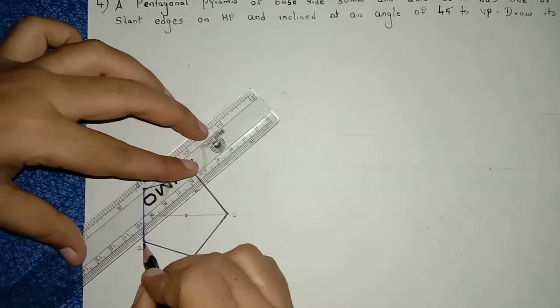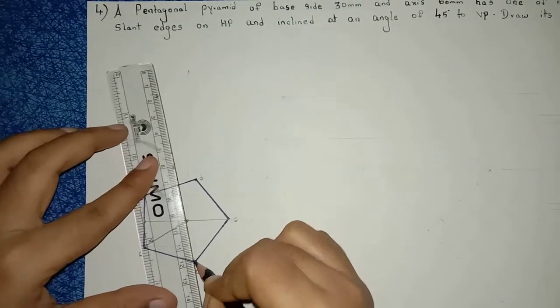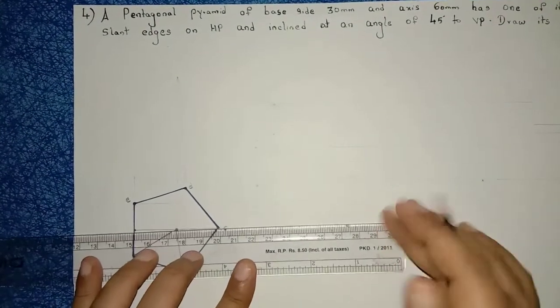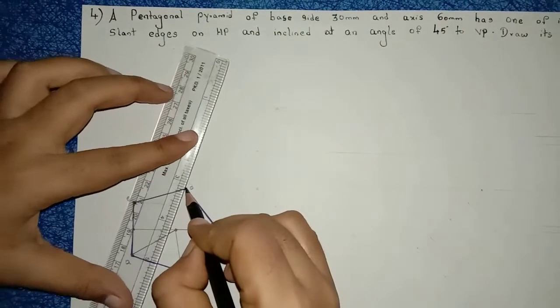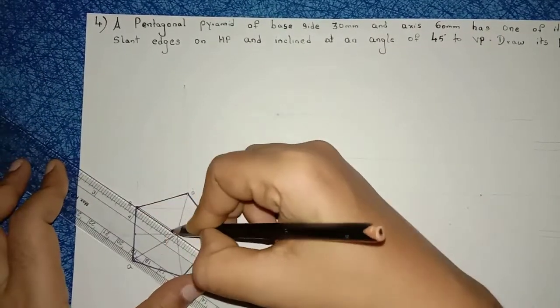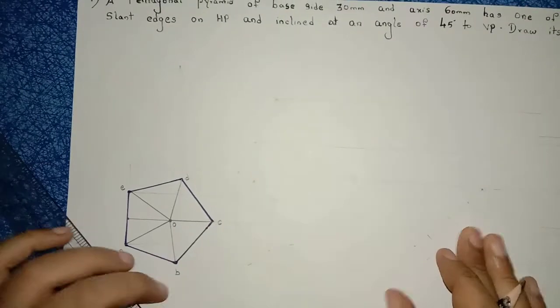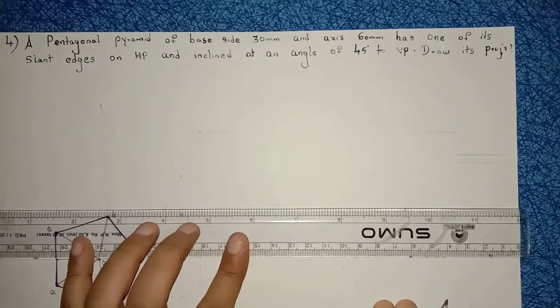Right, now join here A to this midpoint, B, C, D and here E. This midpoint is here O. Right, now from this corner leave a 5 mm gap and draw the reference line of any length.